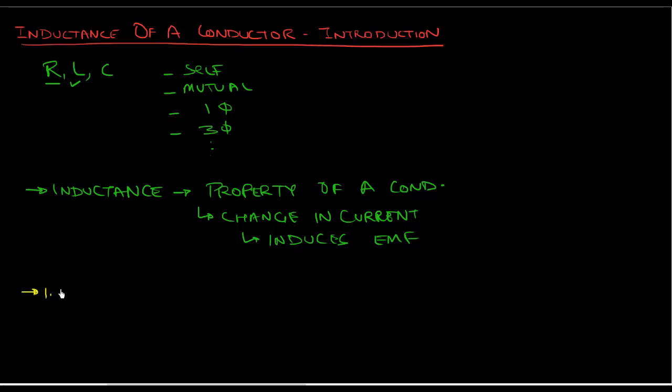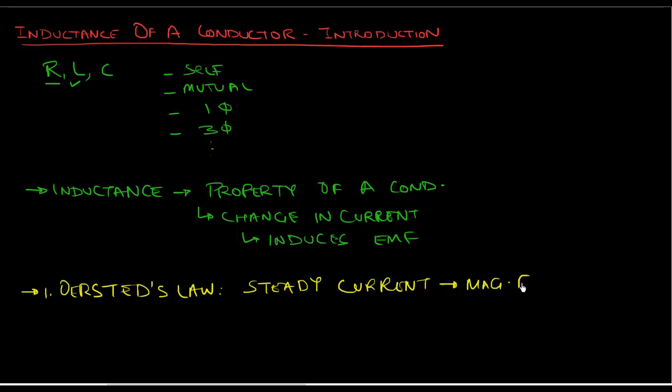The very first one there is Oersted's law, where it was observed that steady electric current produces a magnetic field. So steady electric current produces a magnetic field.